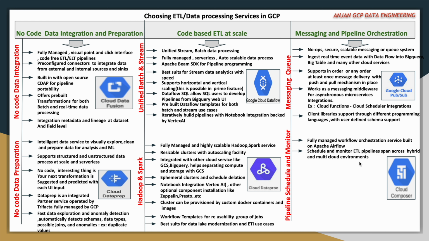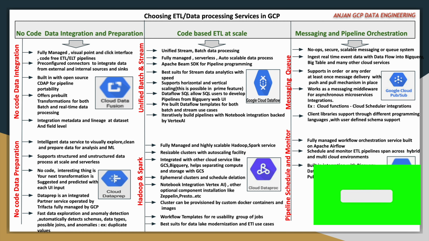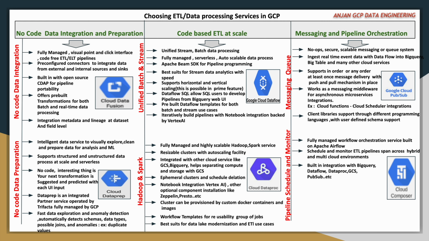Okay, and it has built-in operators which can be used to connect BigQuery, Dataflow, Dataproc and other Google Cloud services, right? And you can easily integrate data between different Google Cloud services using these operators. Okay, and since it is built using Python, we need Python skills to author your pipelines, that means to build your pipelines.